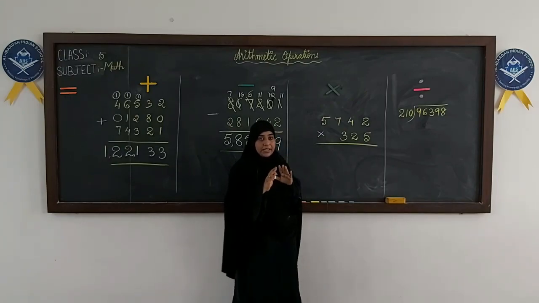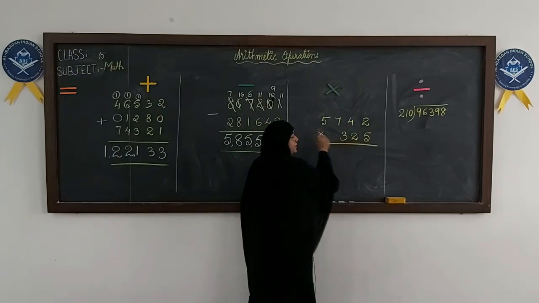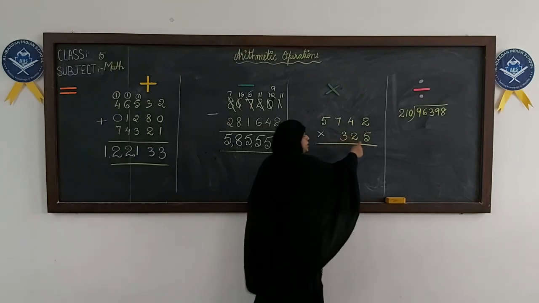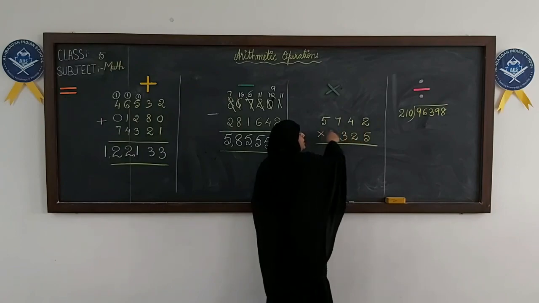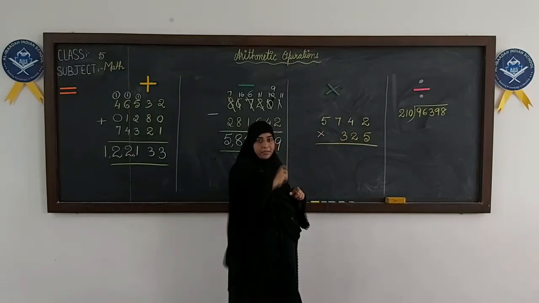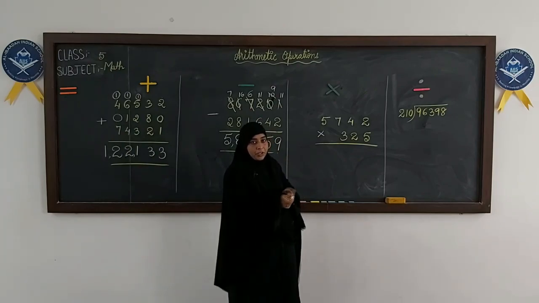Pay attention and listen carefully. When we multiply, each digit of the multiplier will multiply the first number, that is the multiplicand, one by one. So be very attentive and see how we do this multiplication.